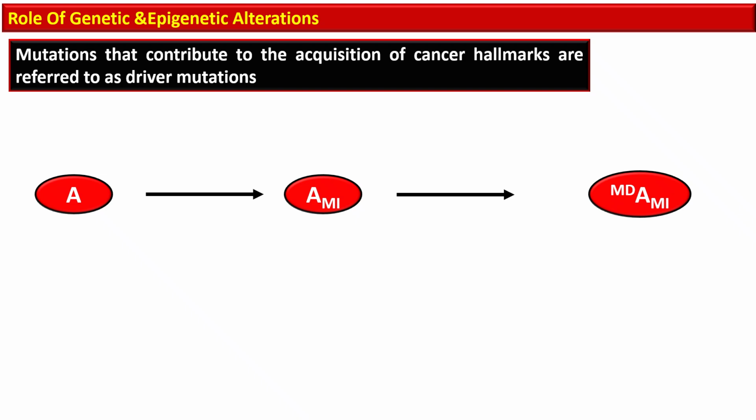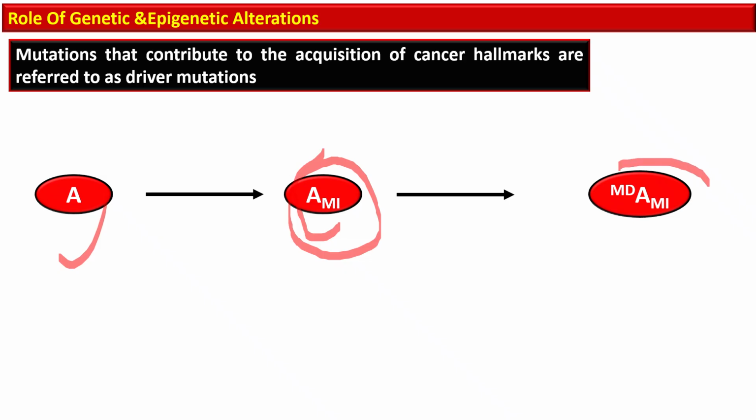There is initially an initiating mutation that occurs in a normal cell, and the first driver mutation is the initiating mutation, and it starts the transforming process. It is present in all the tumor cells that arise from the original initiated cell, but alone it is usually not sufficient to cause full-blown cancer.